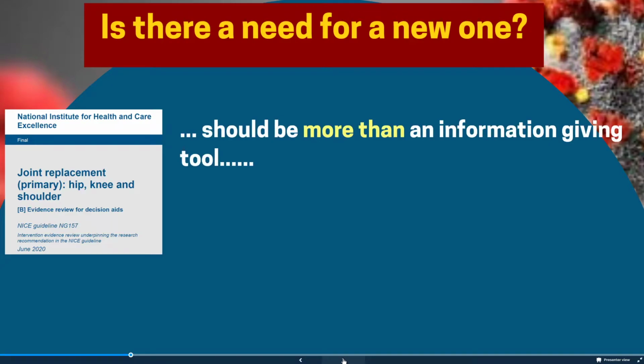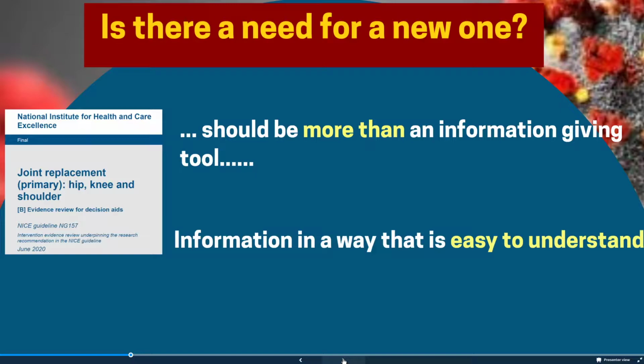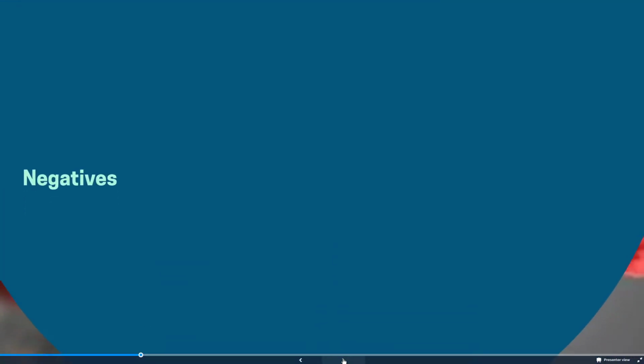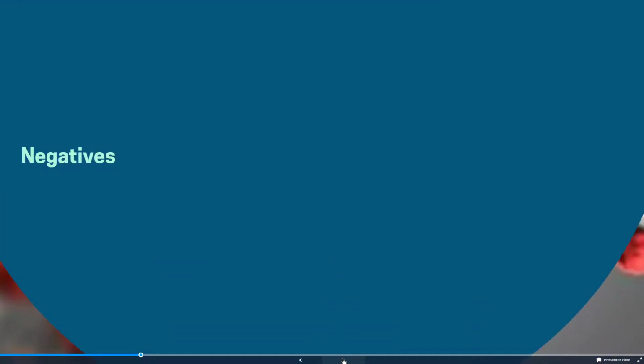In that, they reiterate the PDA should not be information giving tools alone, and that they should present information in a way that it is easy for people to understand. They could not recommend any particular PDA as they felt none in the market met their expectation for being a comprehensive decision aid.